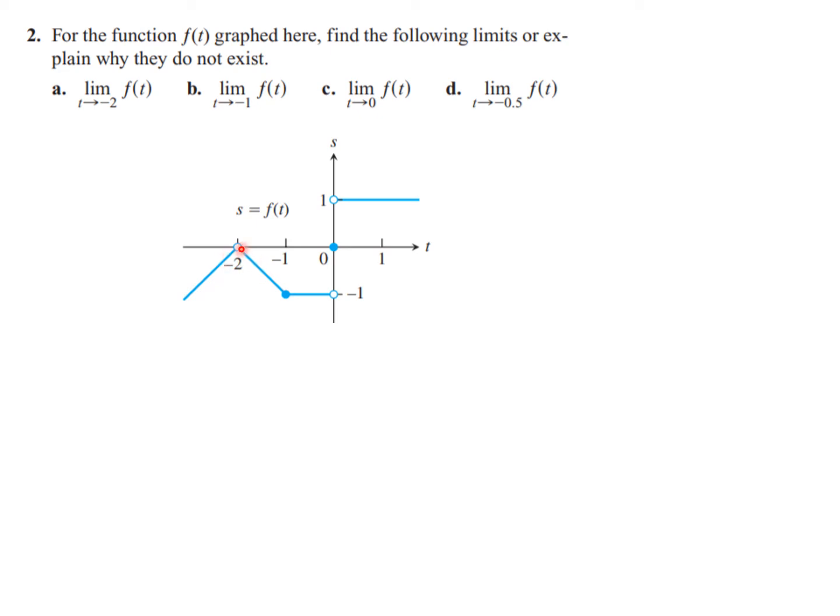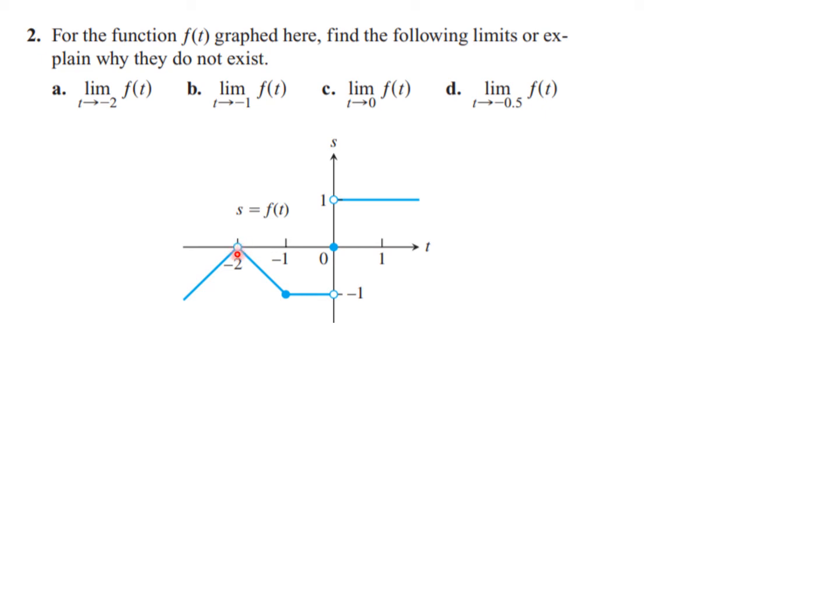For that reason, the limit exists and is equal to 0, because the limit as we approach negative 2 from the left is 0, and from the right is also 0.